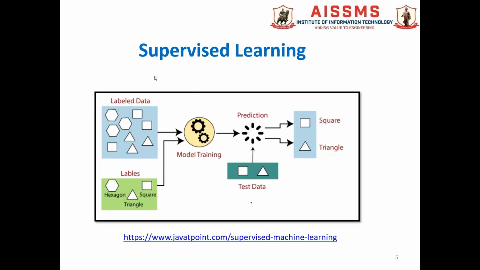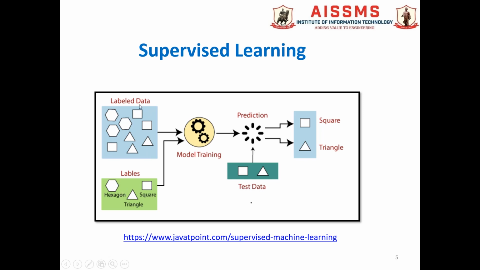Now in this example, if we try to understand what we mean by features, we can see that these figures differ in the number of sides. The number of sides in a triangle is 3, in a hexagon is 6, and in a square is 4. So the number of sides can be the input feature, and hexagon, this is the label.